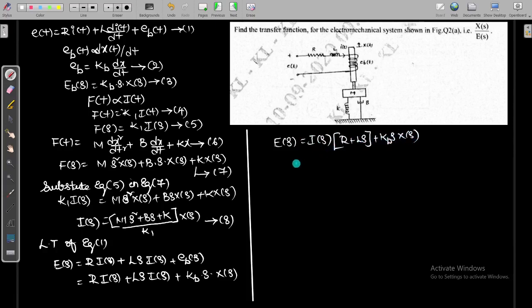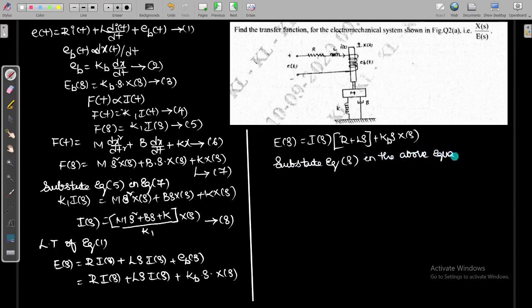Now in place of I(s), substitute equation 8 in the above equation.